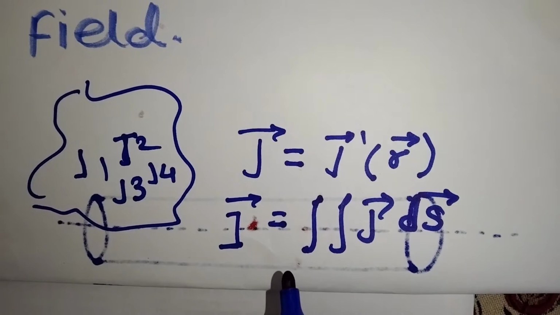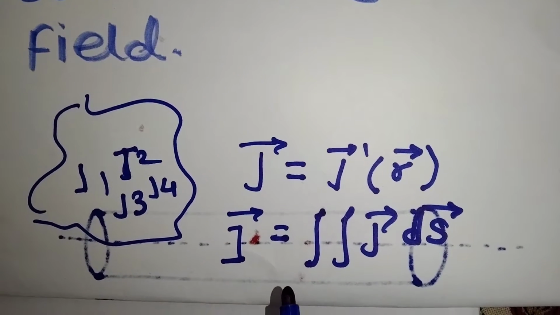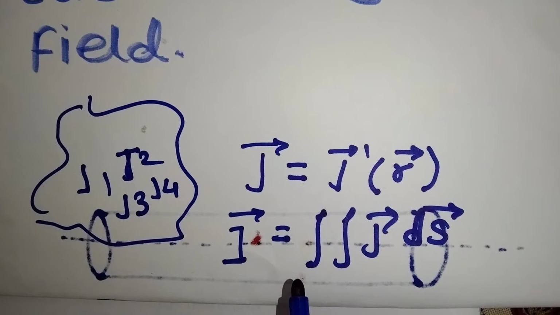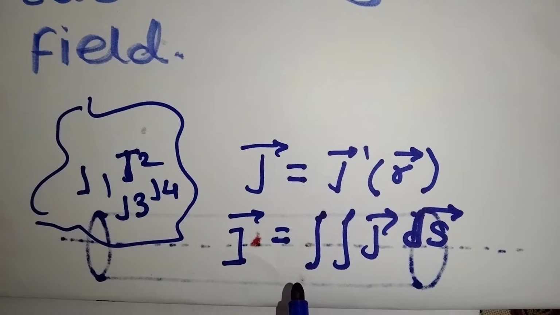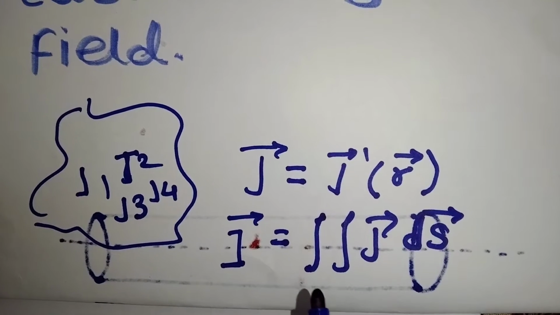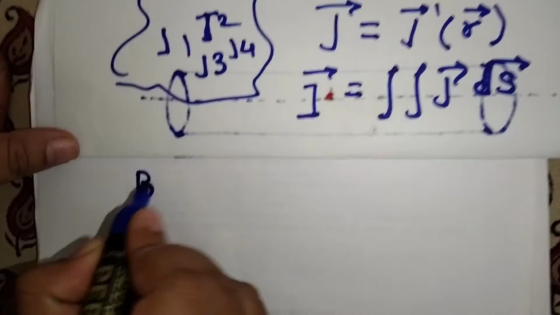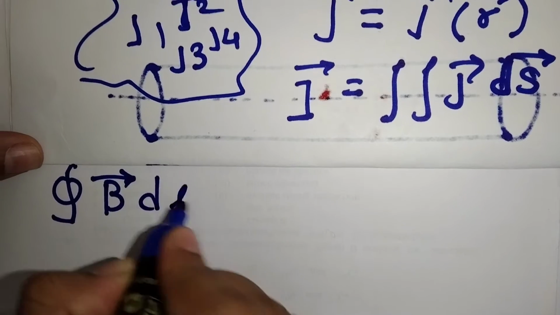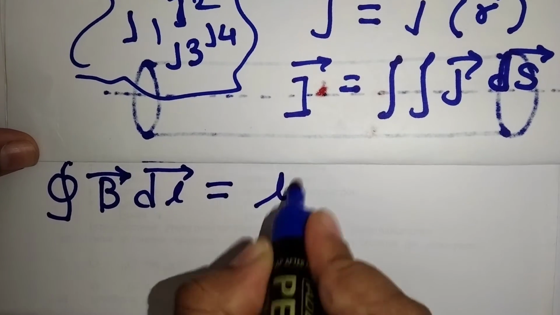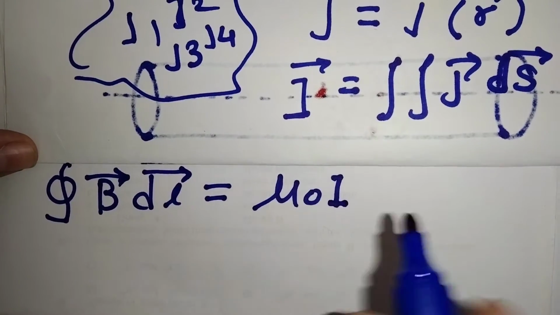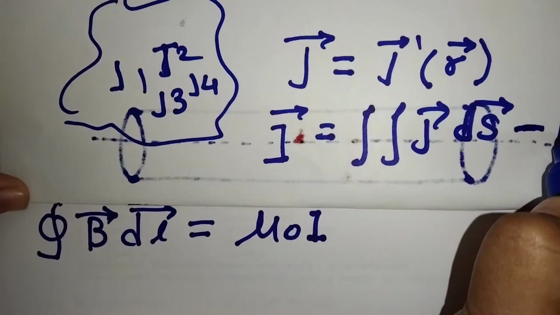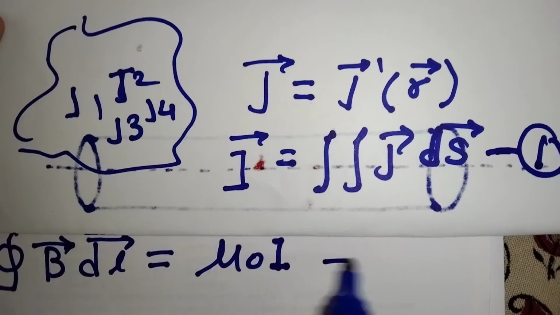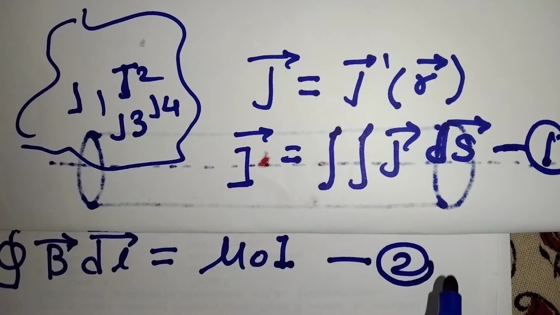We know the relation between magnetism and current: the Ampere circuital law. Integration over B bar dl bar is equal to mu naught I. This can be written as 1, and this can be written as 2.